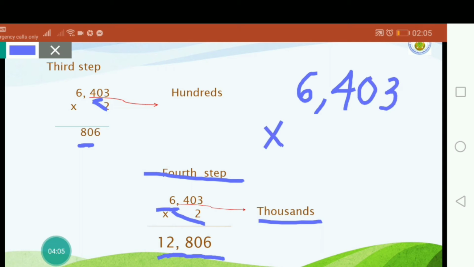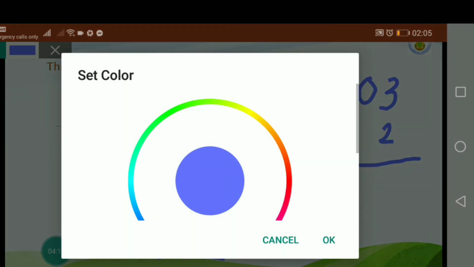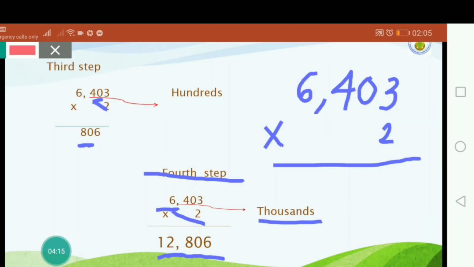So 6,403 times 2. Again, we're going to multiply the ones place value. 3 times 2 is equal to 6. Next, our tens place, 0 times 2 is equal to 0. Next, we have 4 times 2 is equal to 8.